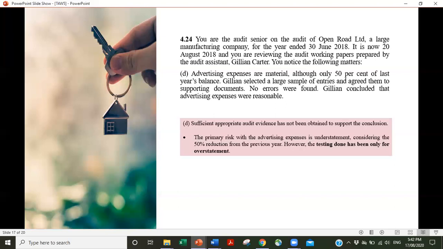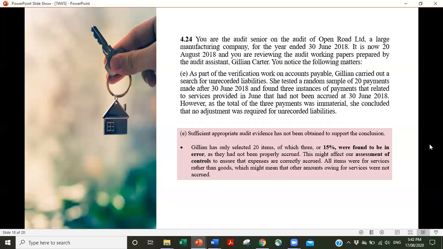If you had redundancies, you wouldn't expect to have high redundancies across every year, but you possibly could have redundancies in one year based on a restructure of an organisation. So it's about understatement of expenses is what you need to consider. Okay, DE.